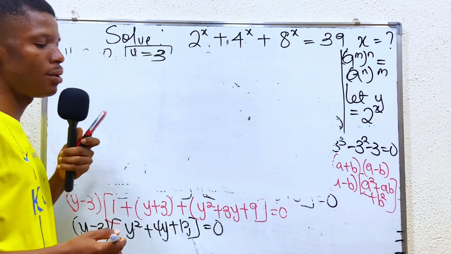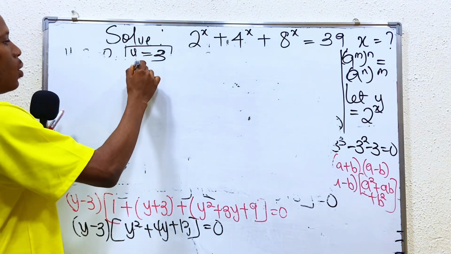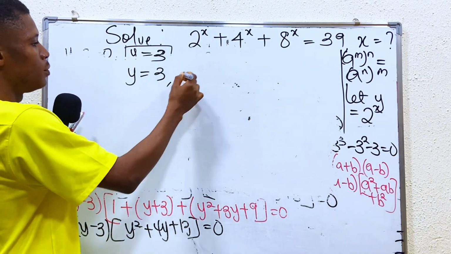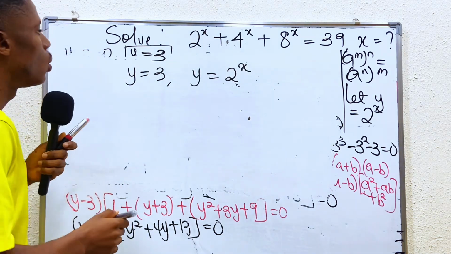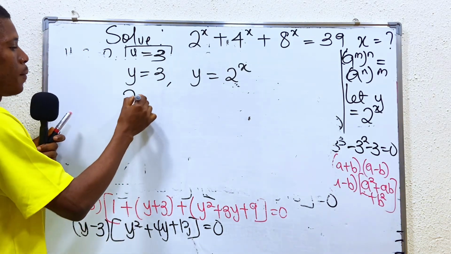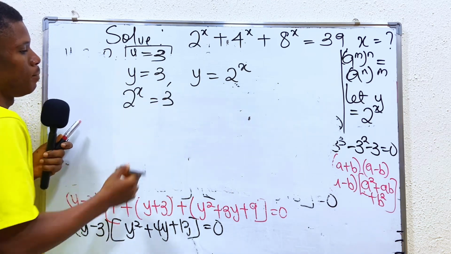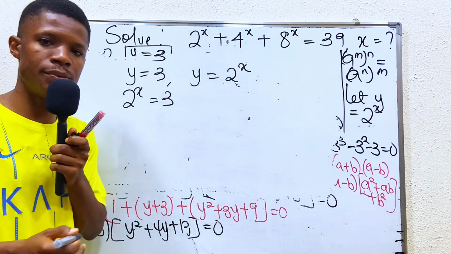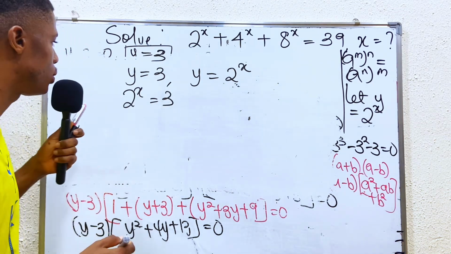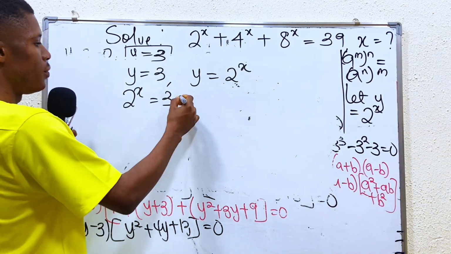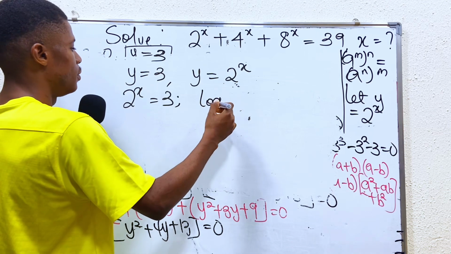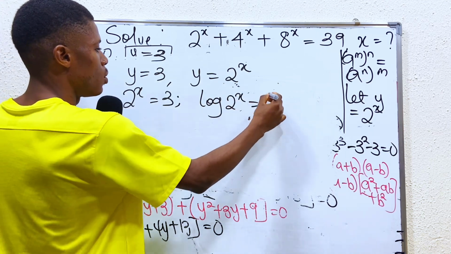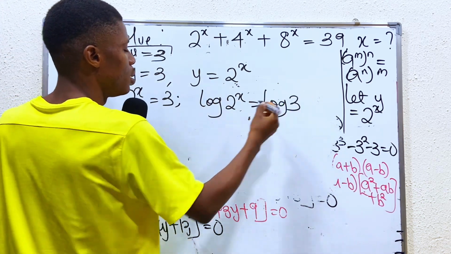You see that y is equals to 3, and we also know that y is equals to 2 power x. So we substitute: 2 power x must be 3. These two numbers cannot be expressed in a common base, so what we do is that we take the logs. If you take the logs of both sides, you have log of 2 power x is equals to log of 3. Okay?